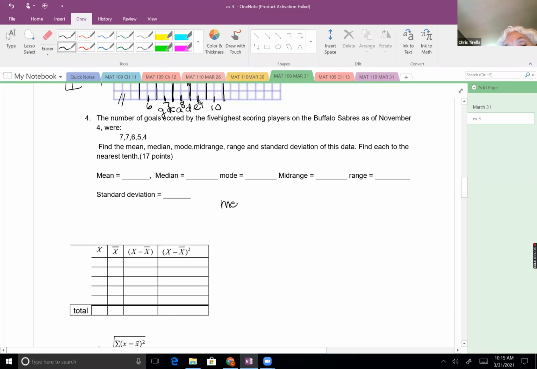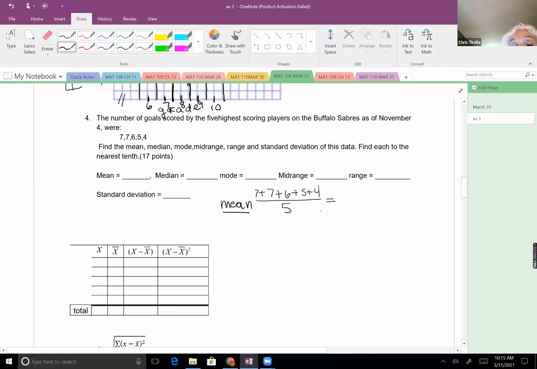First of all, to find the mean, can anybody remind me how to find the mean of a data set? Add them all and divide it by 5. Add them all and divide it by how many? So adding, we'll have 7 plus 7 plus 6 plus 5 plus 4, and there are 5 numbers, so we'll divide by 5.